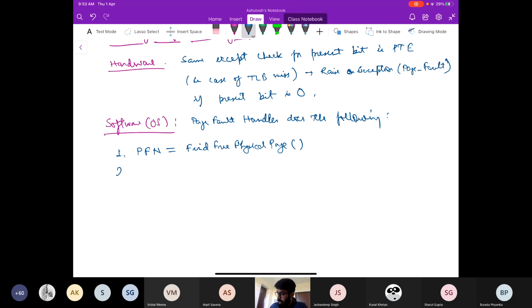Second, if no free physical frame is there, then you need to do something to replace. So evict a page. This is going to be the page replacement algo.